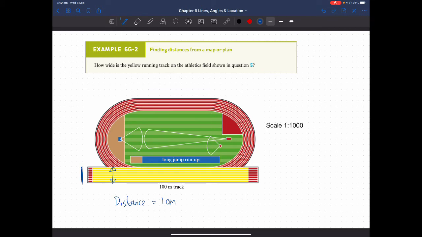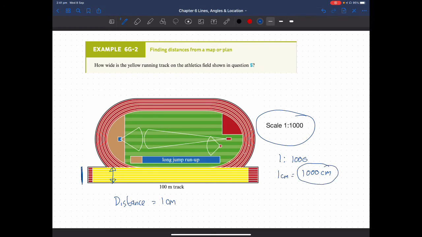Now that is 1 centimetre on this drawing. Earlier in question 5, you'd worked out the scale was 1 is to 1000. So we have 1 centimetre is going to equal 1000 centimetres. So the distance is 1000 centimetres.